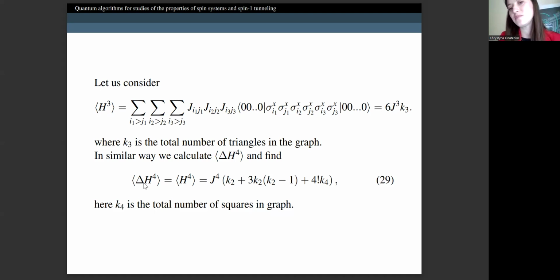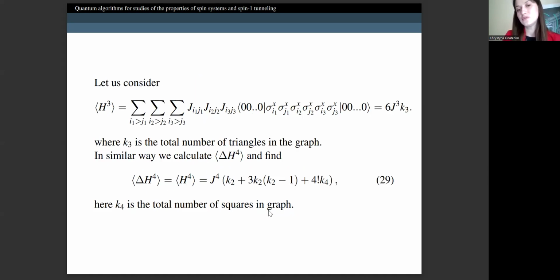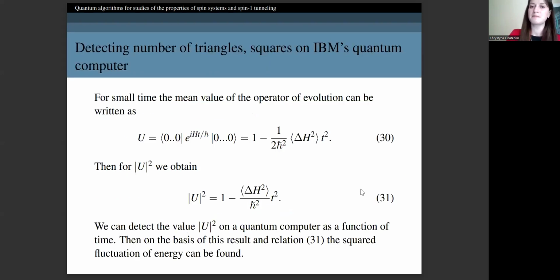To obtain the number of squares, we have to calculate this value and also this value. So we can do this on quantum devices, and we have done this on IBM's quantum devices.